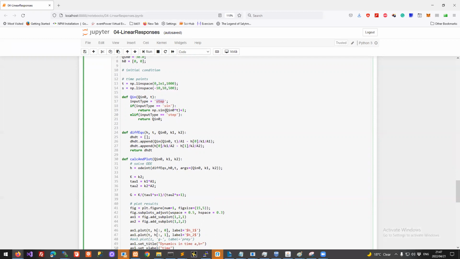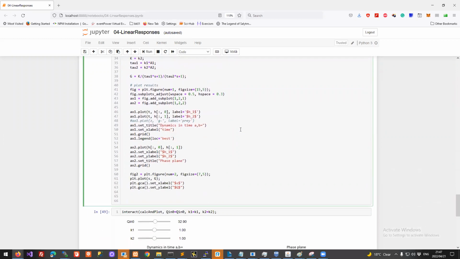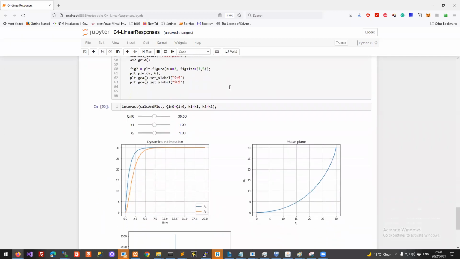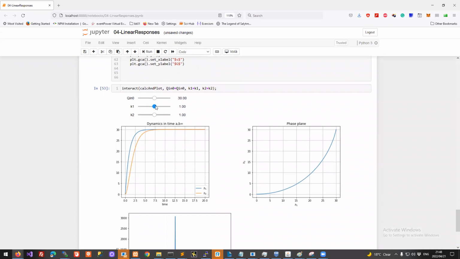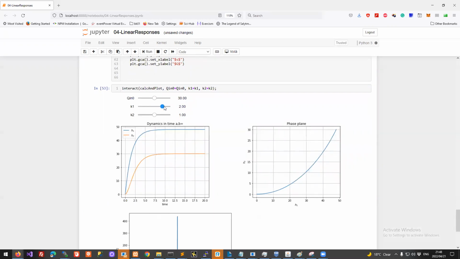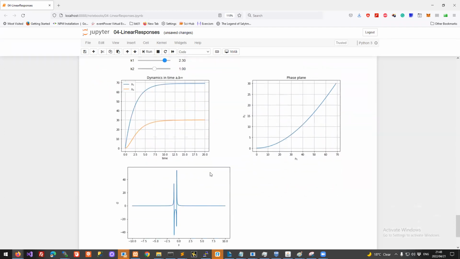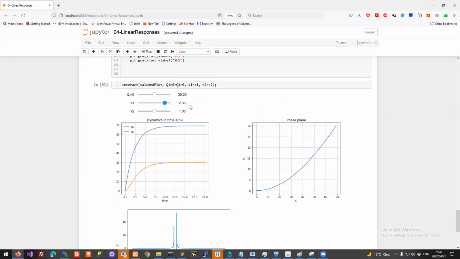So let's look here in our actual numerical experiment. We are applying a step here, and this is our second order process. And let's just run this. Okay. And let's see if we apply these values, you see this is in the zone where zeta is all nice and stable.